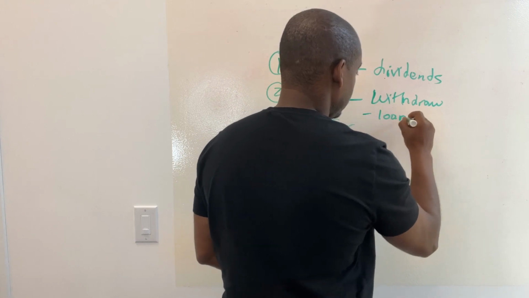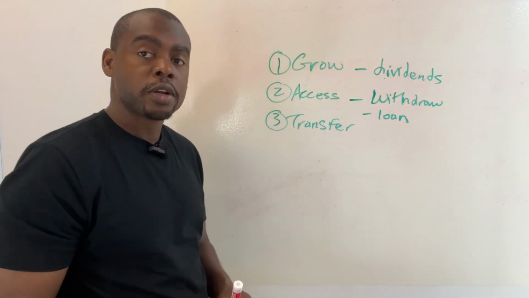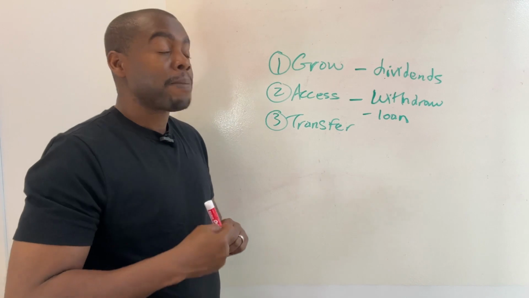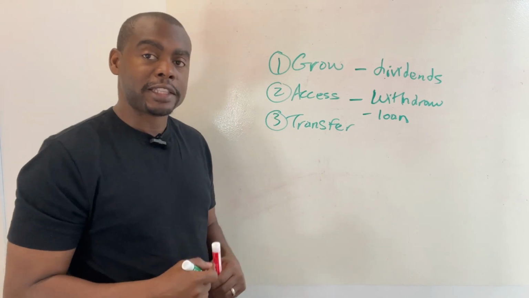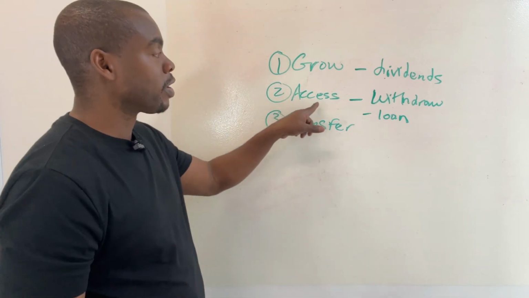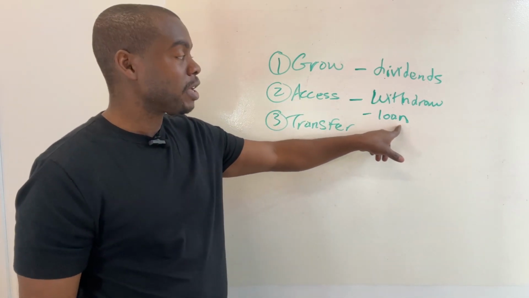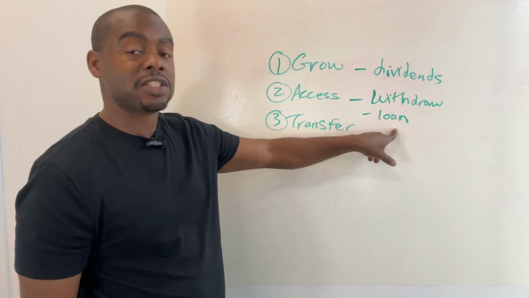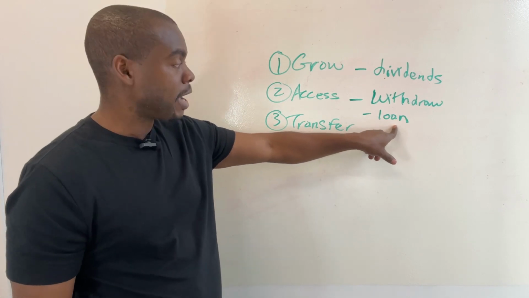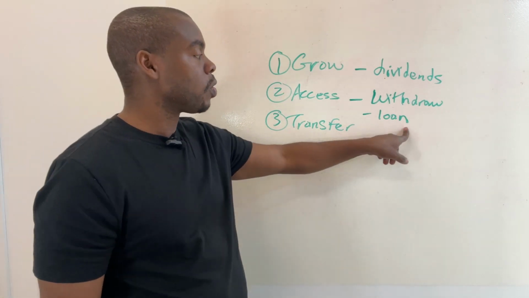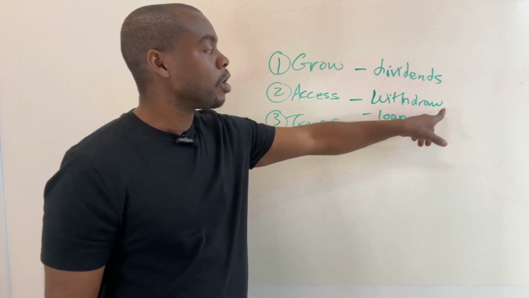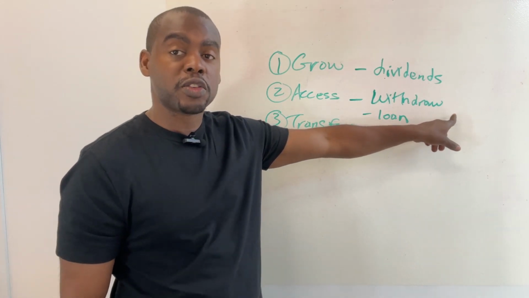And if you do it through a loan, loans by IRS standards are not taxable. So therefore, you can access your policy through a policy loan, and not only are you not paying taxes on the loan that you get, you're also going to have the cash value continue to grow.